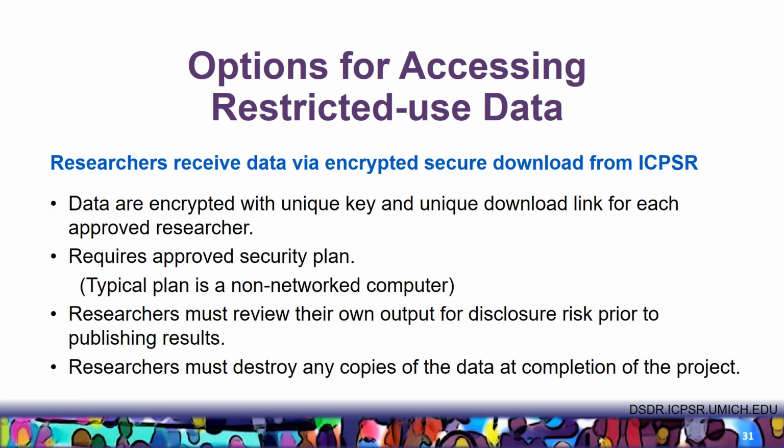We're always concerned about information and data leaking out of the computer, not just people attacking it to come in. Researchers must review their own output for disclosure risk prior to publishing results. This is very important because in other security plans, third-party people have to review. But researchers are always responsible for following the rules. Researchers must destroy any copies of the data at the completion of the project.